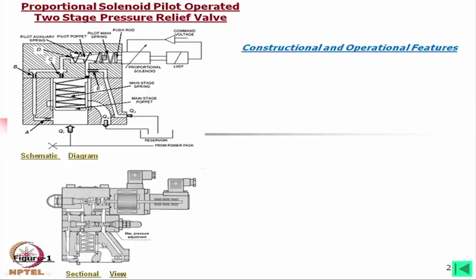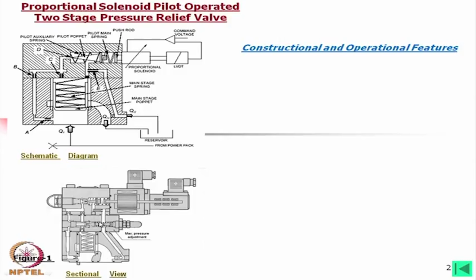This means that this valve, depending on the solenoid input, can be operated for a range. Say it can be operated from 0 to 20 megapascal, but for over precaution or for more safety, knowing the system pressure requirement, we can set the pressure here. Say this is 10 megapascal or 12 megapascals.